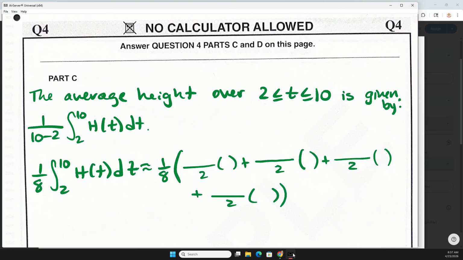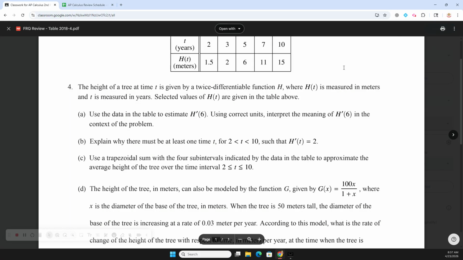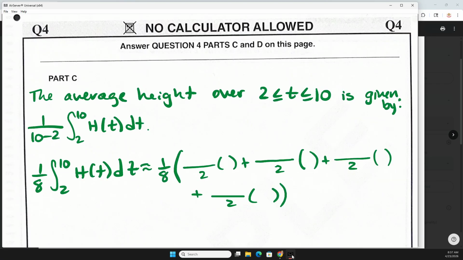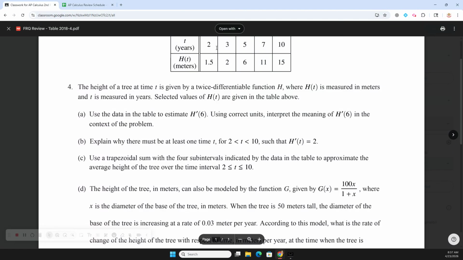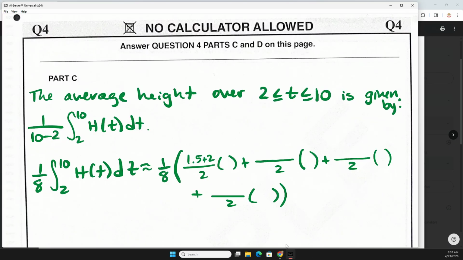All right, so this is kind of hard for me to do flipping back and forth, but you can look at your paper. And so for the first trapezoid, we're adding 1.5 and 2 and dividing by 2. And then we're going to multiply it by the height, and the height is basically the width, the distance between 2 and 3. And the distance between 2 and 3 is 1.